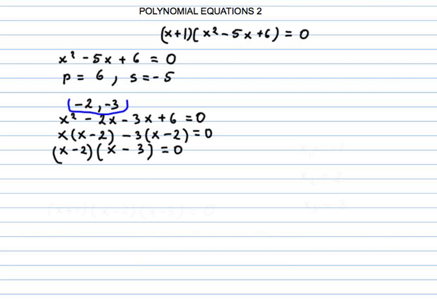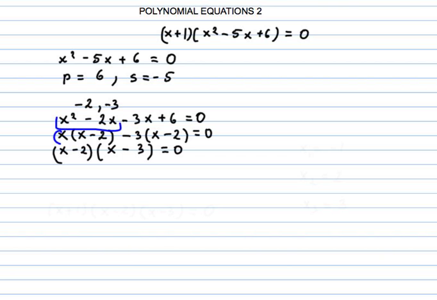So the next step is to express the middle term in terms of the two numbers that we just found. So this is why you have -5x replaced with -2x minus 3x. You have four terms in this equation right now. You can group them in two groups of two. So if you think of this as the first group, the common factor is x right here.